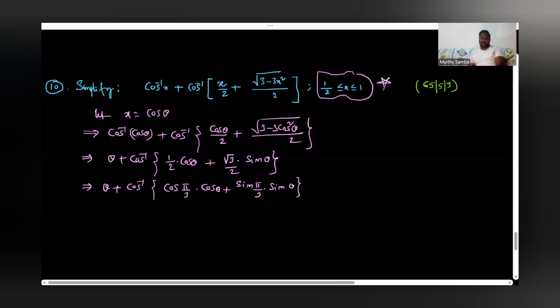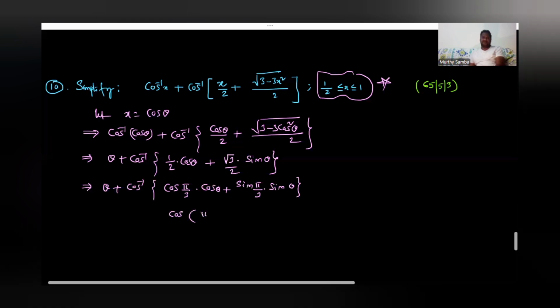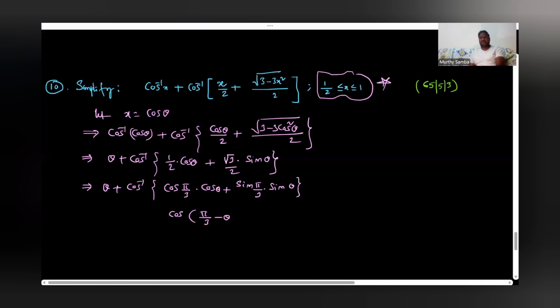Cos A cos B plus sin A sin B is going to be cos of A minus B. Correct? Cos inverse is already there, plus theta. Right? So cos inverse of cos will be removed. So theta plus pi by 3 minus theta. Theta plus pi by 3 minus theta is going to be pi by 3.